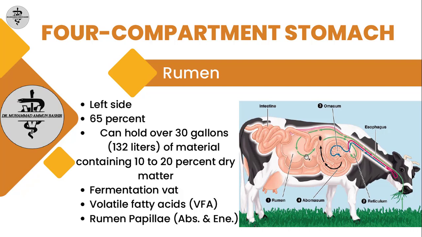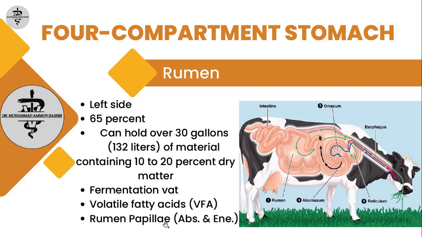As a result of the fermentation process, volatile fatty acids are produced inside the rumen, which the cow can use as a source of energy. These volatile fatty acids are absorbed into the bloodstream of the cow through the rumen papillae. Here there is a correlation between the rumen papillae and energy. If there is enough energy or starch present in the feed, it stimulates the rumen papillae.